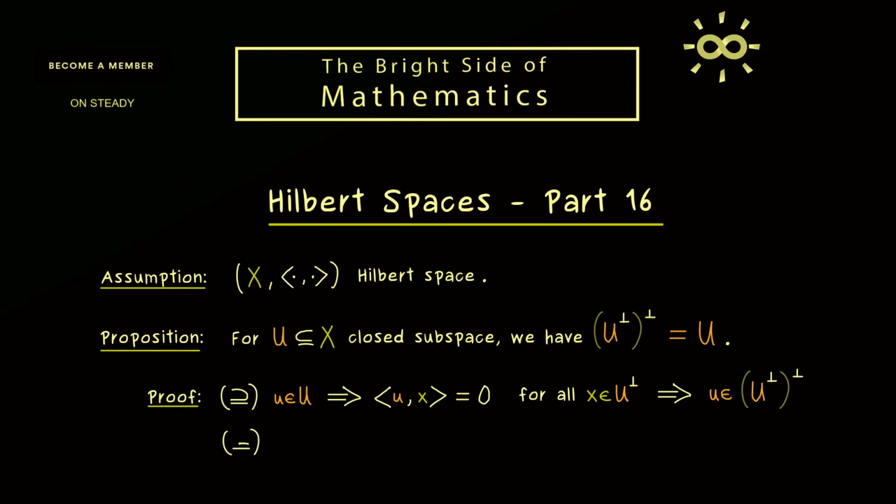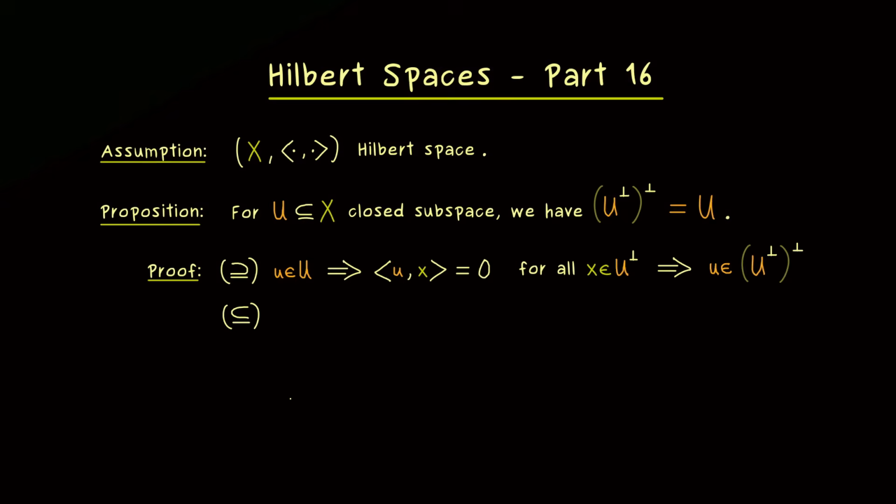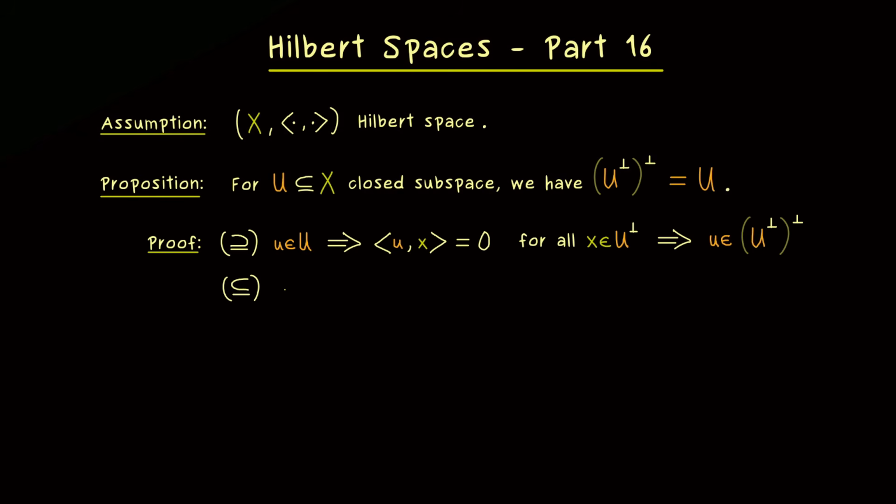And now the next one is a little bit more work, but fortunately we can already use a lot from former videos. In particular, we know that we have the orthogonal projection, so we can decompose every vector y in X. And of course, for our starting point here, y is chosen from the double orthogonal complement.